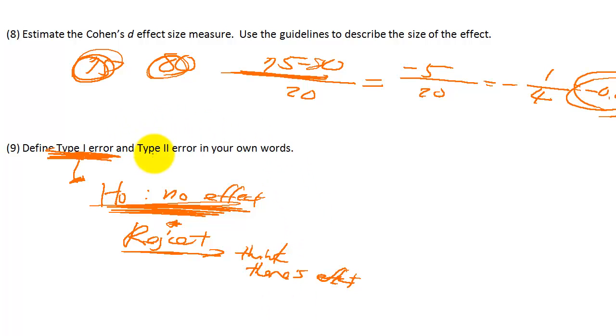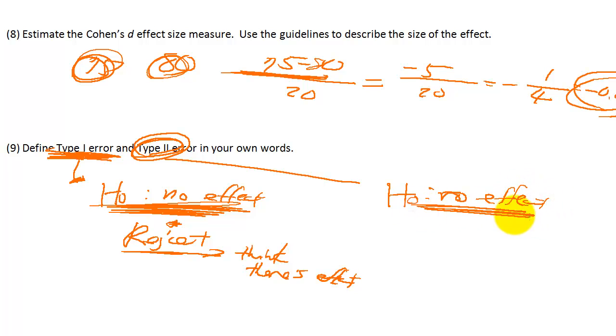Type 2 error is failing to reject the null hypothesis. In other words, keeping it when you should have rejected it.